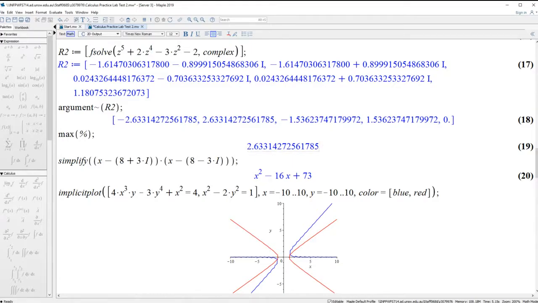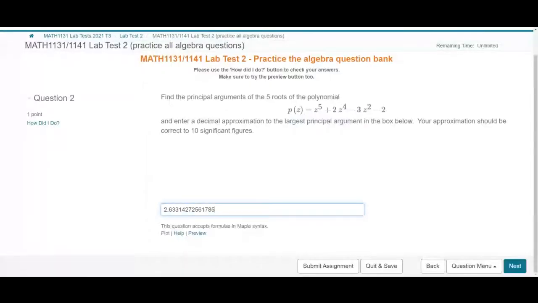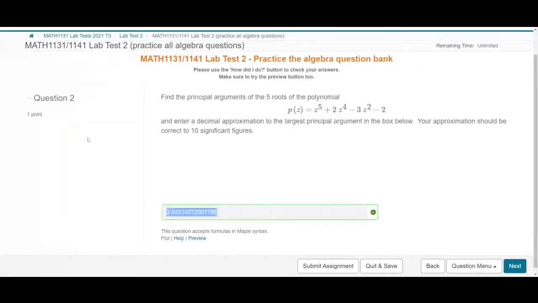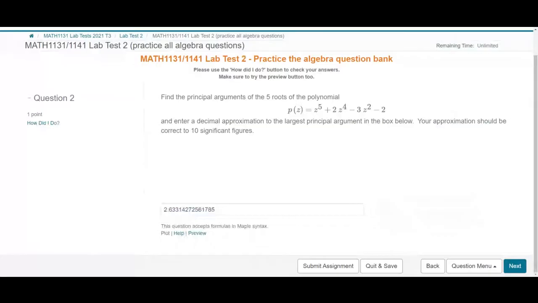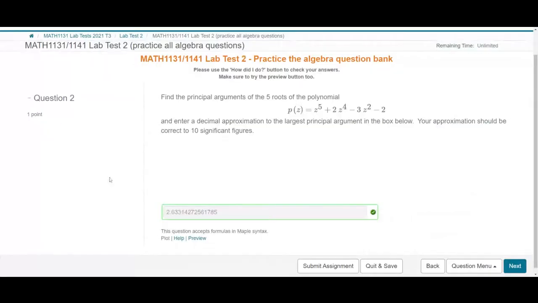Okay, so if we copy and paste this over to our Mobius page, I get something like this, right? And how did we do? Oh, it's still green. Whew. Oh, it just feels so good when I press that and it comes up green. I hope you feel good too.